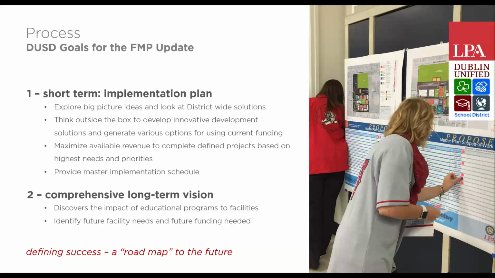We want to maximize that available revenue to complete projects based on the highest needs, and then provide the master implementation schedule. In terms of long-term goals, we want to discover the impact of the educational programs on facilities, through those meetings with Ed Services, and also identify any future facility needs and any future funding that would be needed to complete the projects.